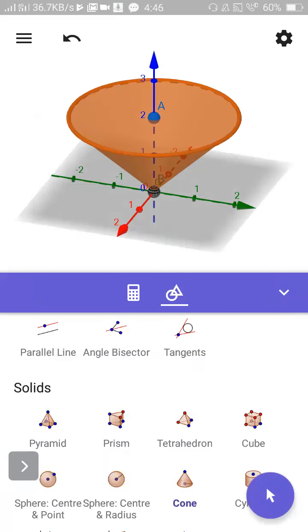Now, if I measure the angle from this to a point on the surface, you take any point on the surface of the cone and measure the corresponding angle. Definitely it will be the same theta. It will not vary.